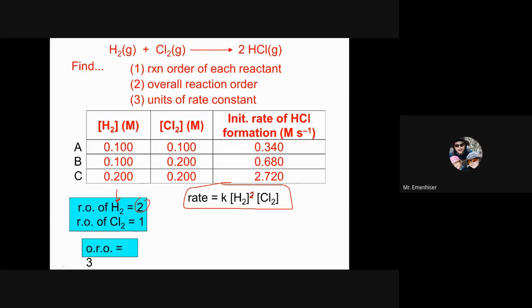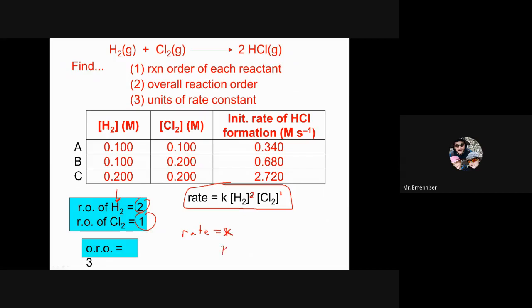When I double the concentration of H2, it quadruples the rate. So I must put a square there to account for that. And then chlorine was first order, and so it's just chlorine with brackets around it. And if you want, when you write it, and I actually do this, I will put a 1 up there, but you don't have to. You could just write, so let me write it. Rate equals K, and maybe you can make this look like cursive, like a little K.